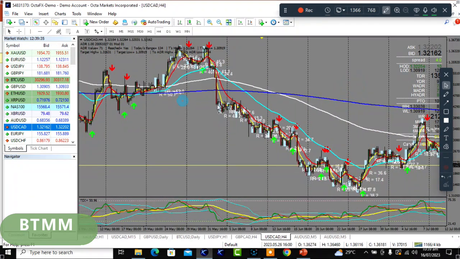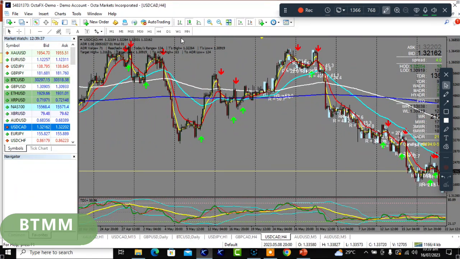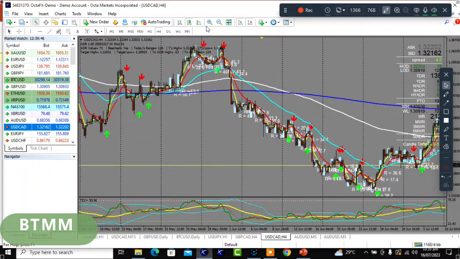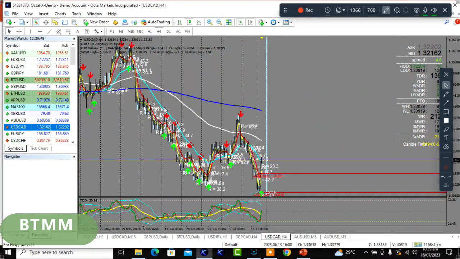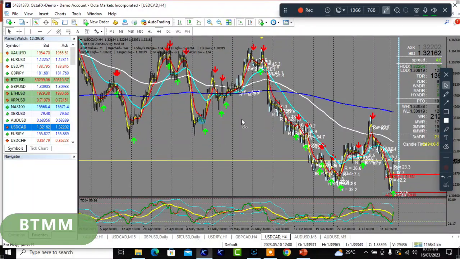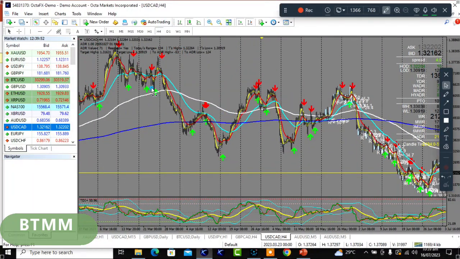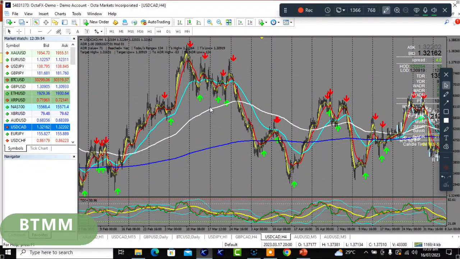And then the last one is the position traders. The position traders are the hardest of them all, or the strongest of them all, because you wait for weeks or even months to exit the market. You can stay in a particular trade for up to 2 months.